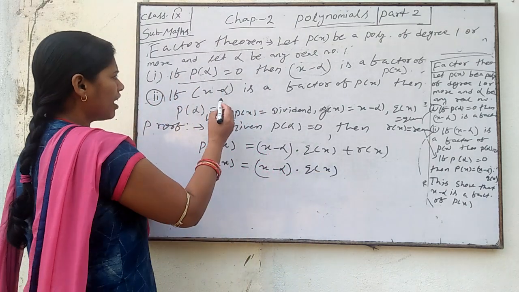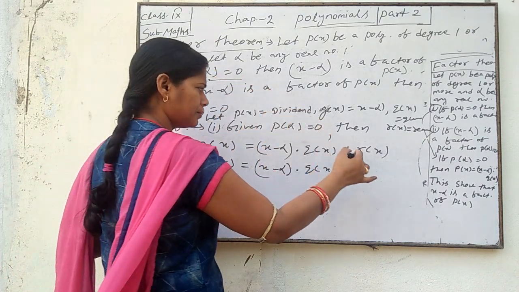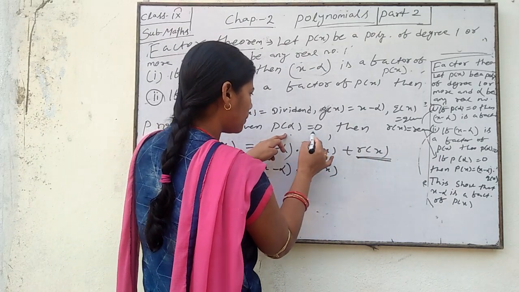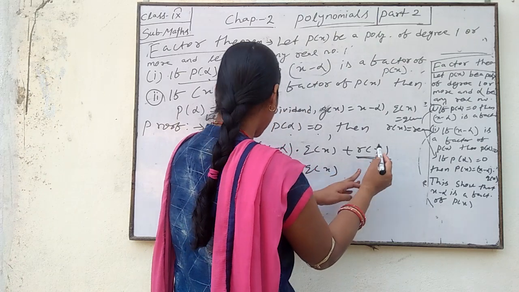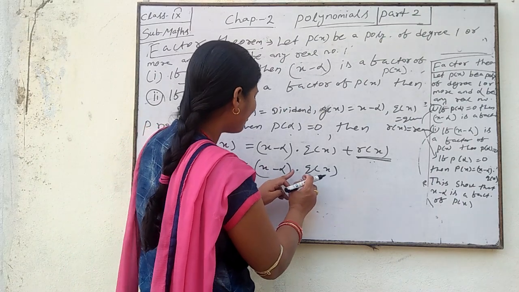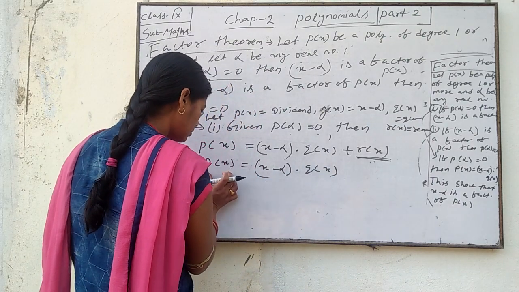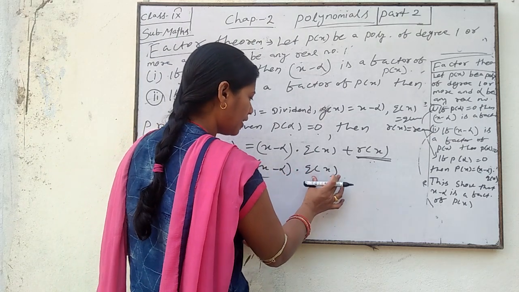Look here, p of alpha is your remainder. This is given, p of alpha equal to 0. It means the remainder is 0. So what is left? p of x is equal to x minus alpha into q of x. It means dividend is equal to divisor multiplied by quotient.